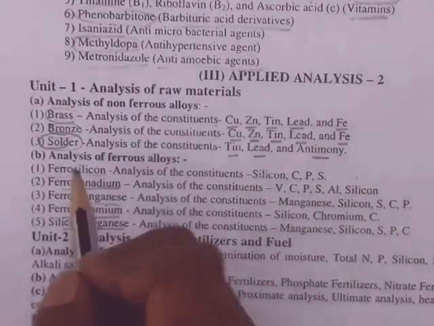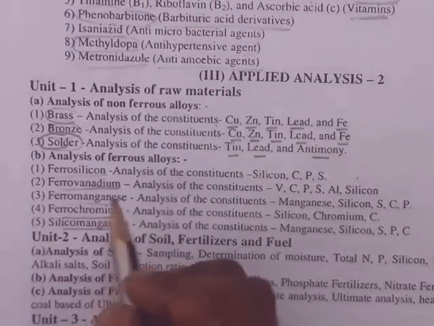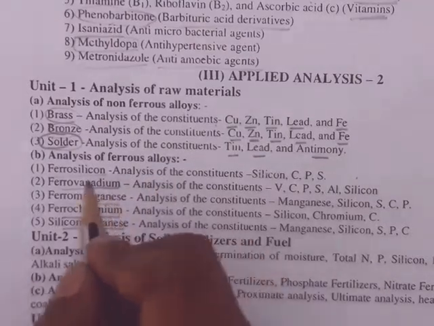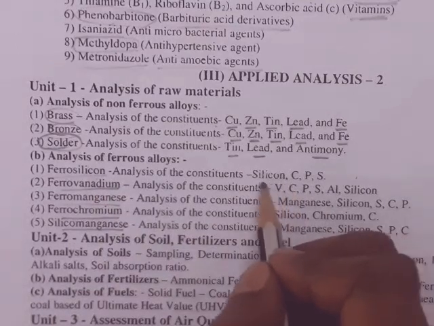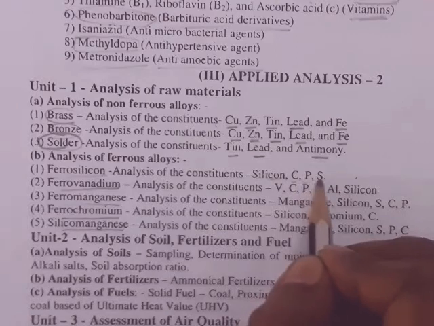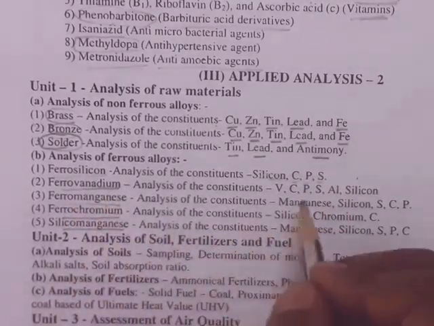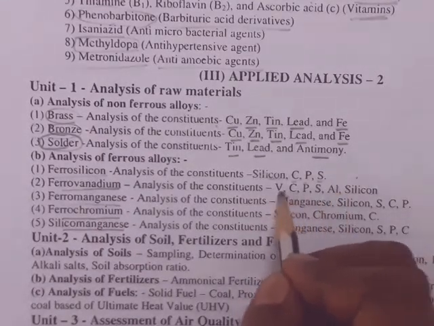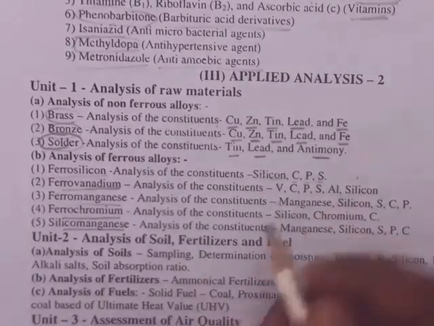Next part of analysis of raw materials is analysis of ferroalloys. First one, ferrosilicon. The constituents to be determined are silicon, carbon, phosphorus and sulfur. In the case of ferrovanadium, the constituents to be determined are vanadium, carbon, phosphorus, sulfur, aluminum and silicon.